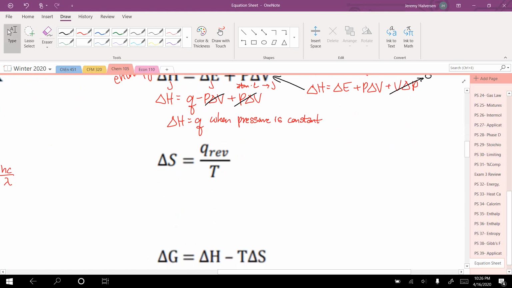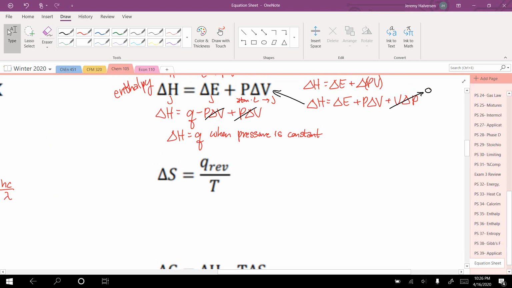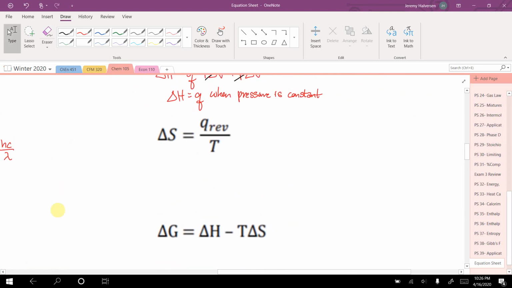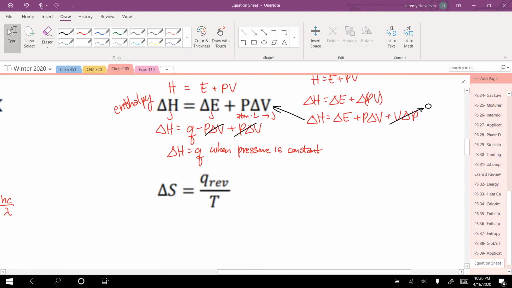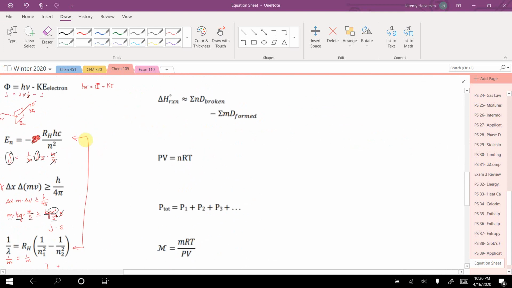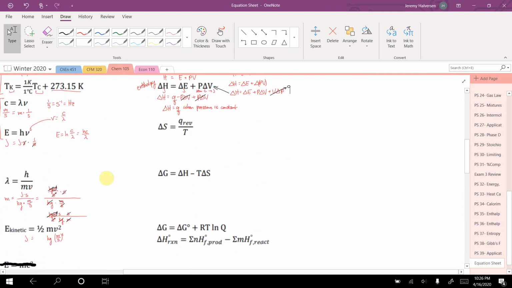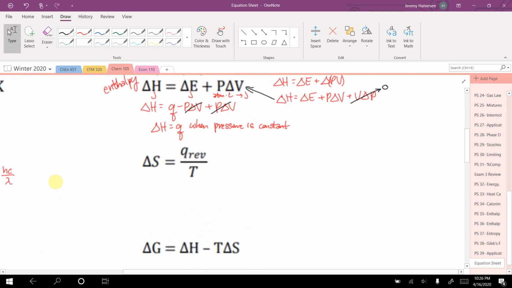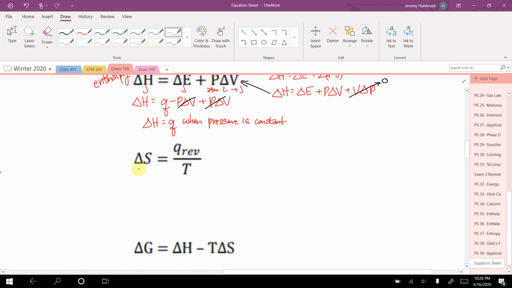All right, change in entropy. There's a couple ways to calculate change in entropy. Let me back up real quick. How do we actually calculate the change in, is that on here? Oh, it is. Okay, so we're going to get there. So this is entropy, the change in disorder. So for a reversible process, what is a reversible process?